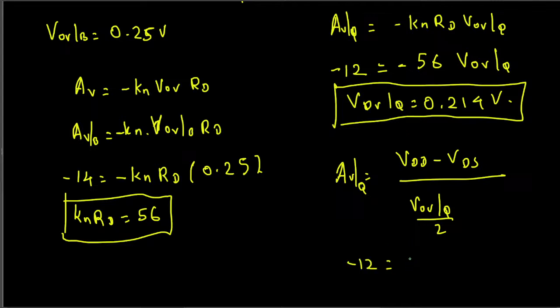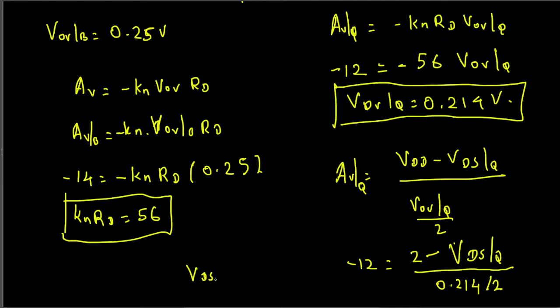We know VDD is 2, and we are trying to figure out VDS at Q. The overdrive voltage we just calculated to be 0.214 volts, divided by 2, and solve for VDS. You will end up getting VDS at Q to be 0.714 volts.